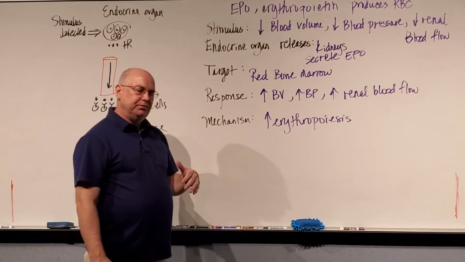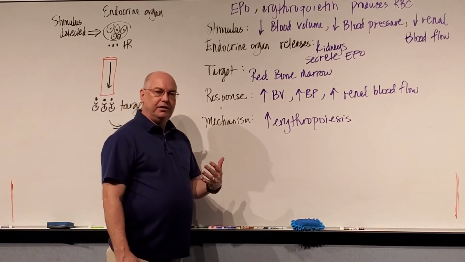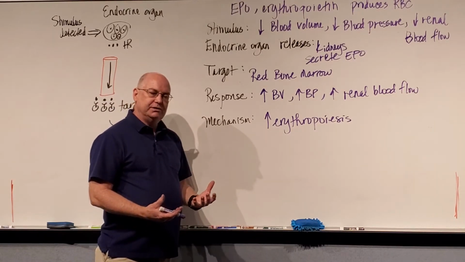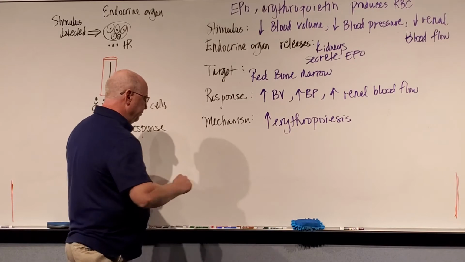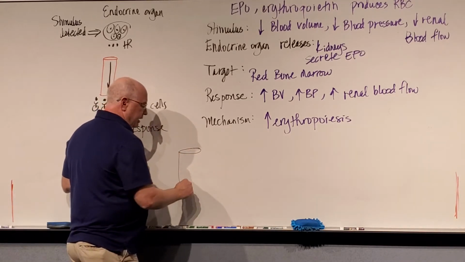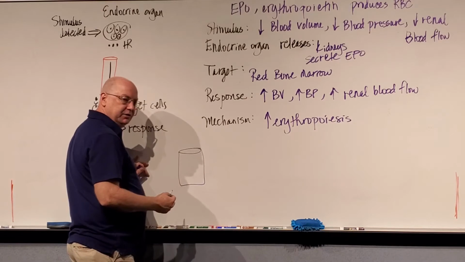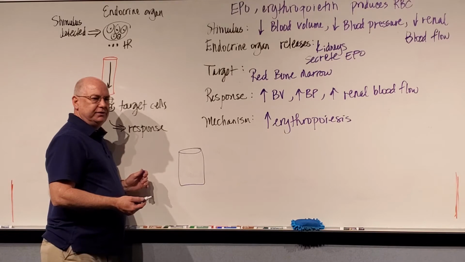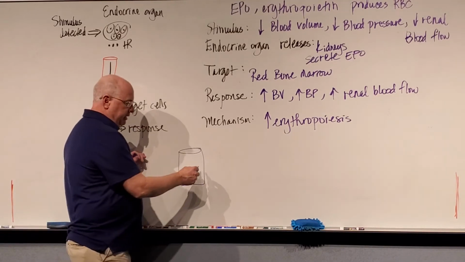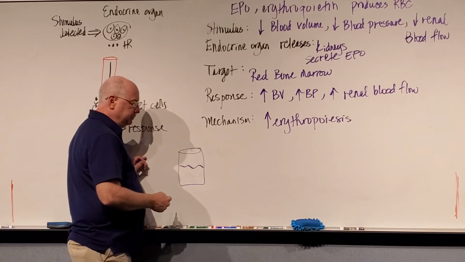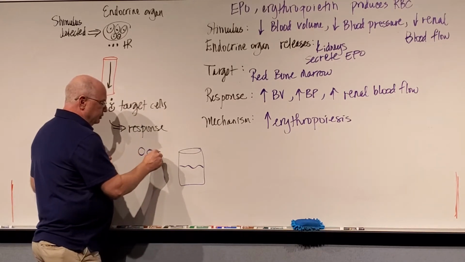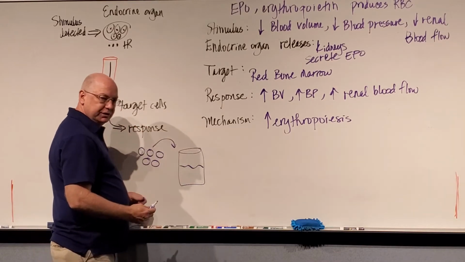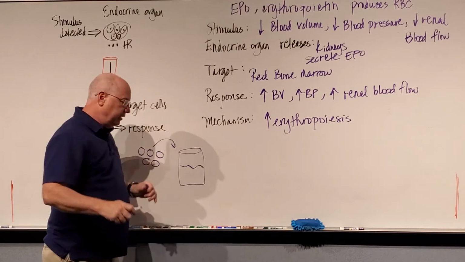So if my blood pressure and blood flow are low, renal blood flow and my blood volume, then if I increase my red blood cell supply, or the volume of red blood cells in my blood, it raises our overall blood volume. Here's the concept. If you take a glass of some liquid, let's say it's a glass of syrup, doesn't matter. If I have a glass with some syrup in it, and I take a whole bunch of marbles, and I start to dump them into the glass, every time a marble enters the glass, that marble is going to push all the fluid in there around itself.